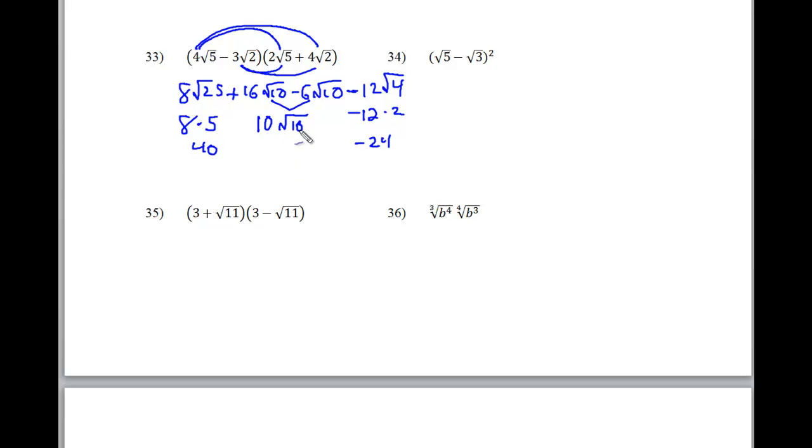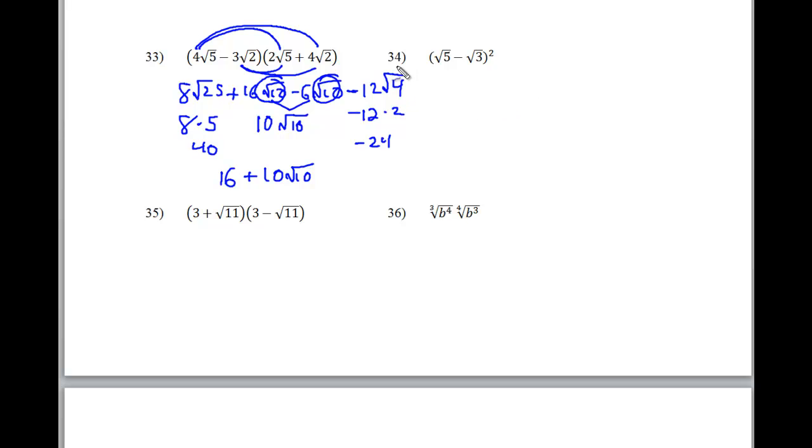There's nothing else you can do with that, and the 10s stay the same because, again, like variables, if you had 16x minus 6x, it would be 10x, or 16 circles minus 6 circles is 10 circles, where the circle is square root of 10. Now 40 minus 24, that's going to give me 16, and plus 10 square root of 10.